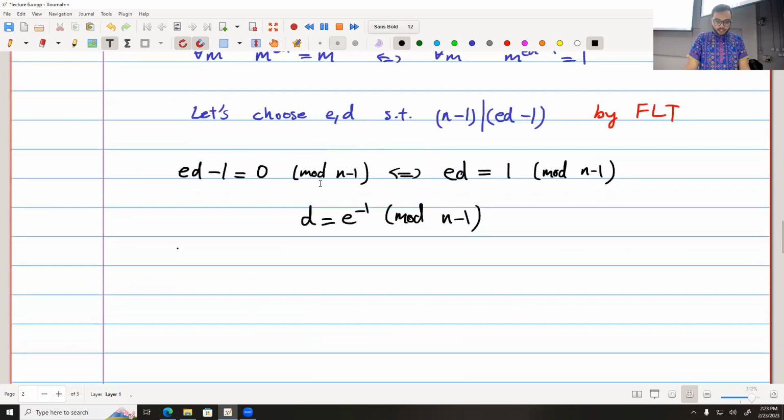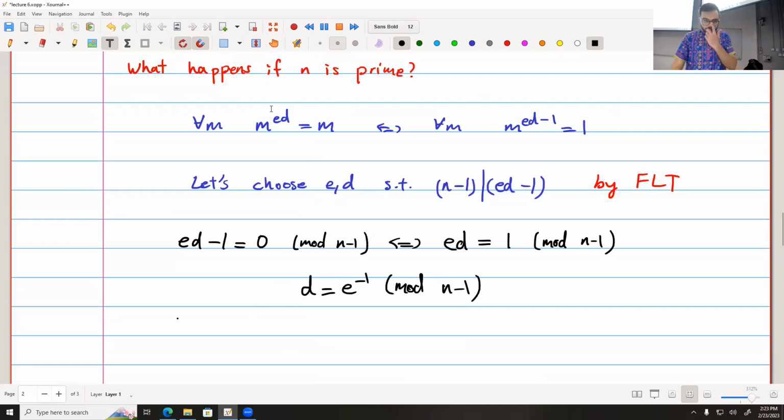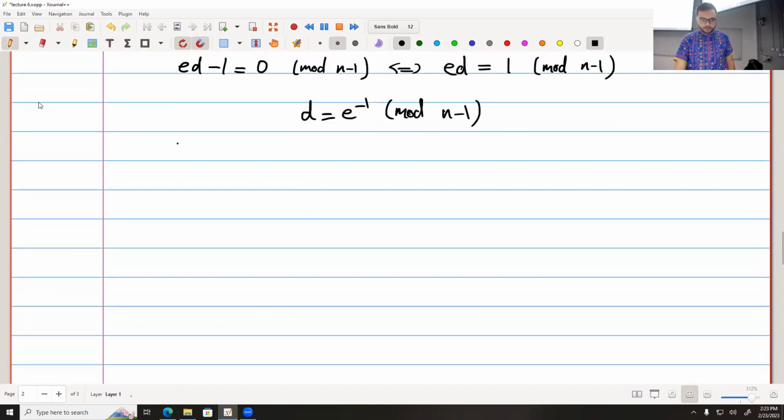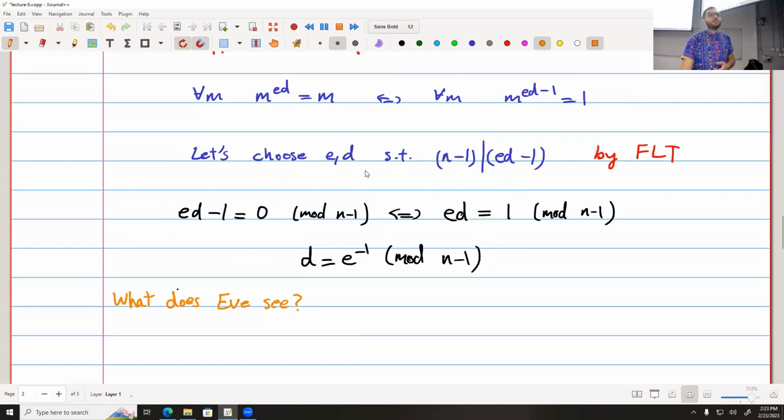But do we have that here? So let's see what happens. What does Eve see? If someone is sending, let's say Alice has announced her encryption key, or her public key E, and let's say that she had generated it using this process before.